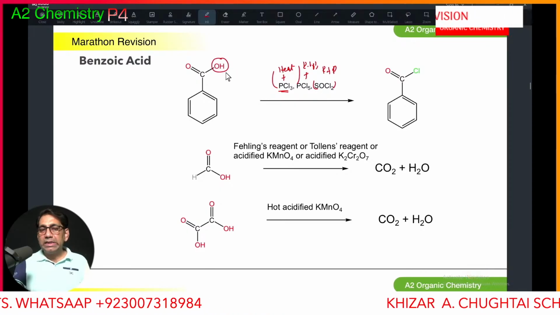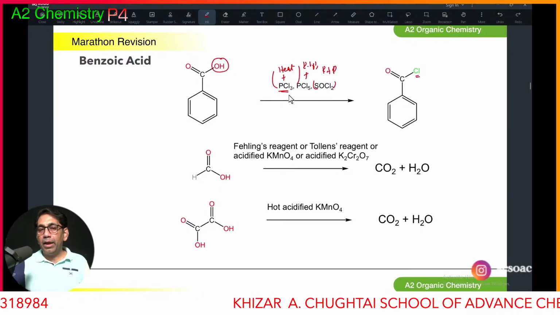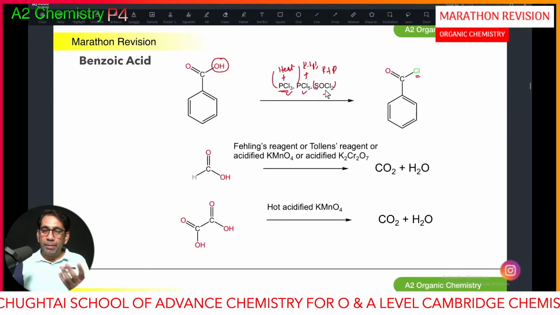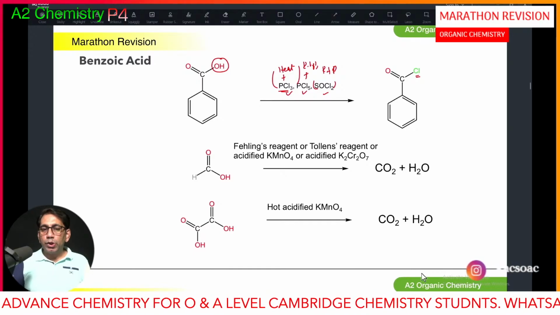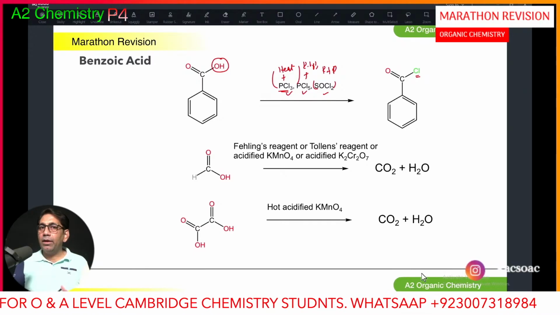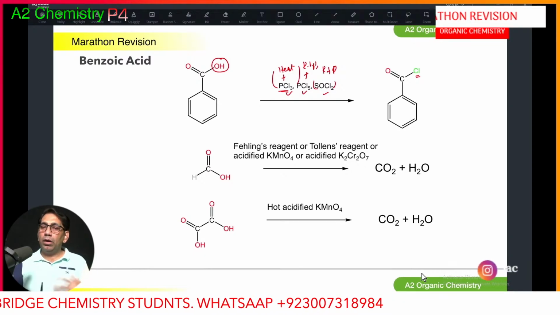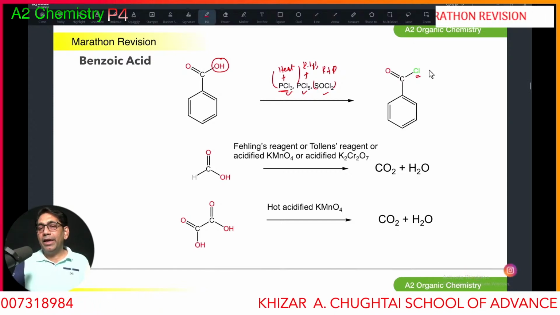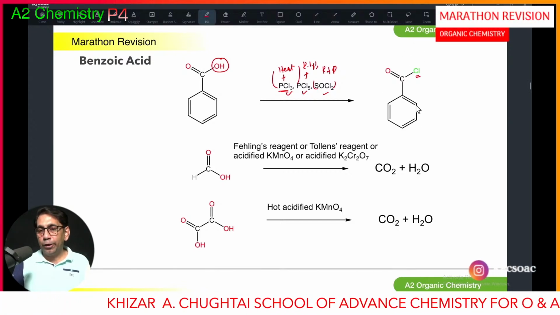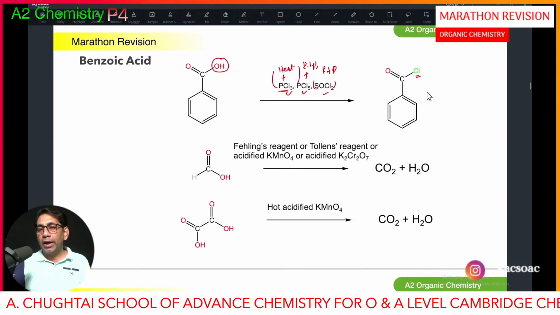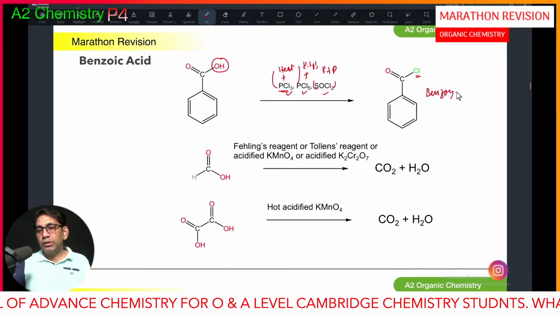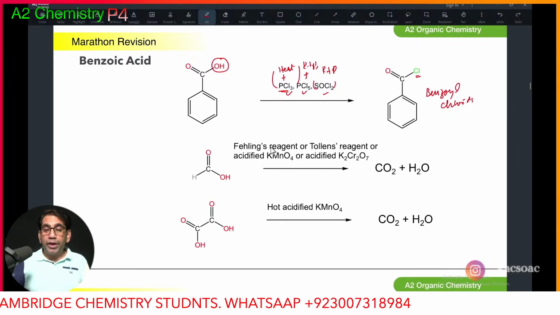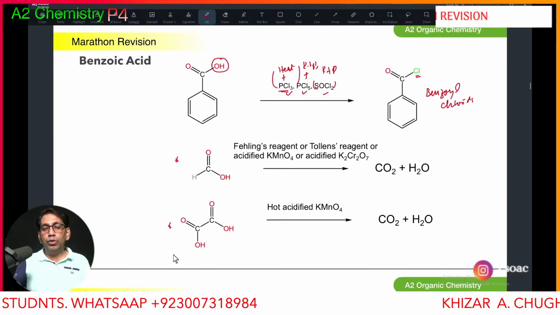You can change this OH group to Cl with one of these three reagents under the described conditions. So any aromatic or aliphatic acid can be changed into acyl halide, or acyl chloride. This is called benzoyl chloride.